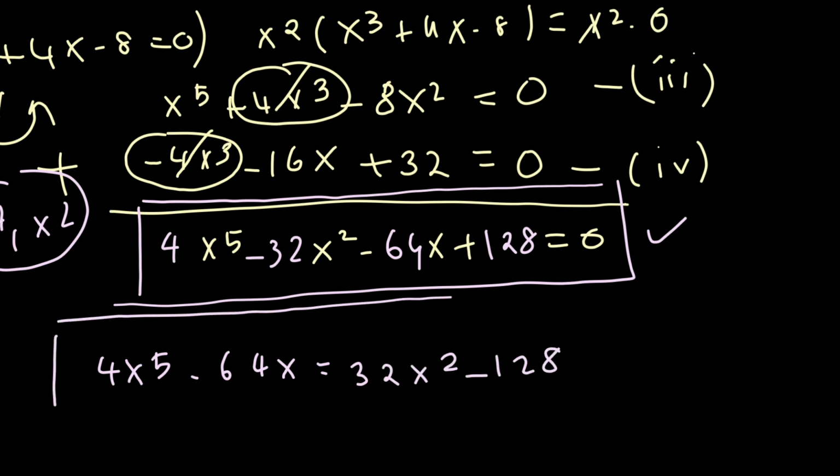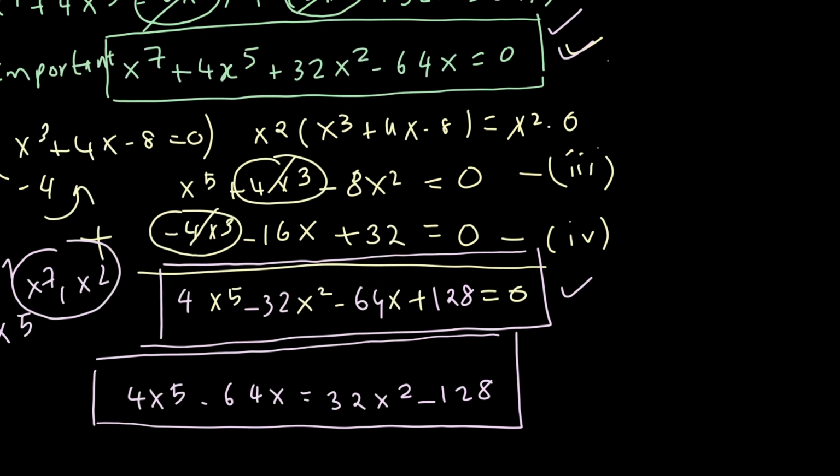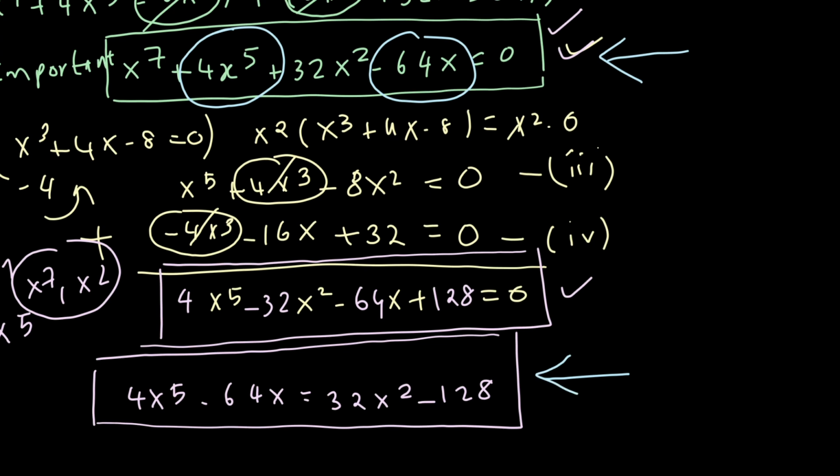So now we have got this particular equation, and if you observe carefully, you can notice in this important equation we have 4 times x to the power 5 minus 64 times x, and the equation that we have just got gives us the value of 4 times x to the power 5 minus 64 times x. So we can simply replace this thing with this value.